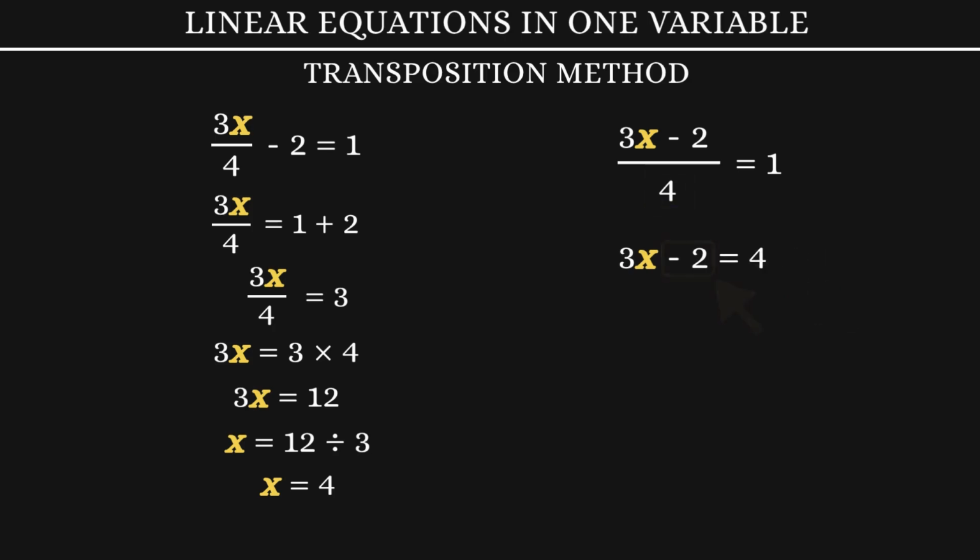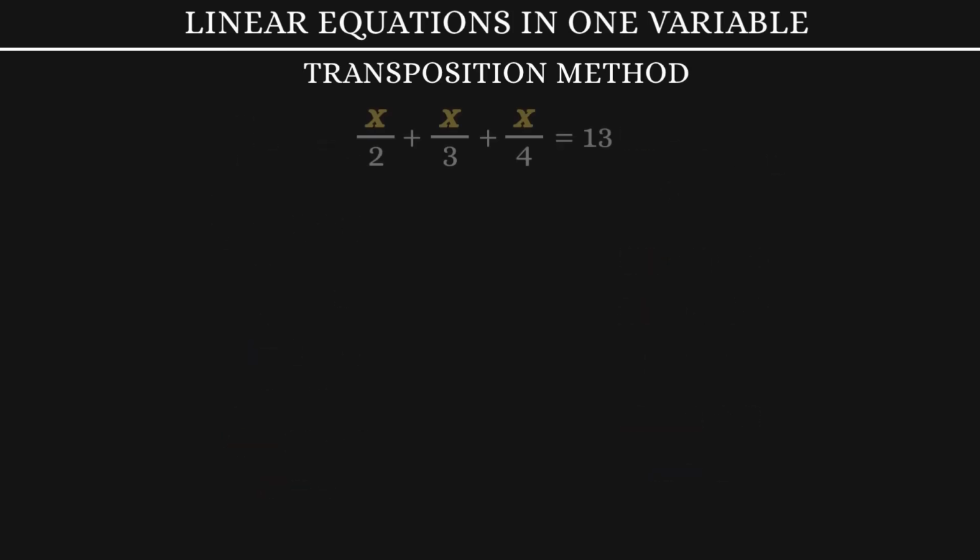Next, we'll move the minus 2. Subtraction becomes addition. 3x is equal to 6. Then we'll move the 3. Multiplication to division. x is equal to 2 is the solution.